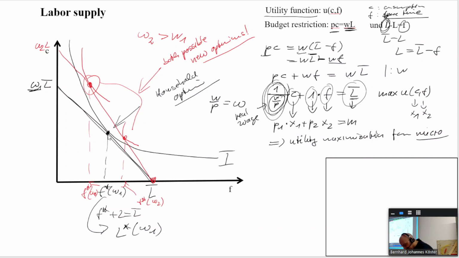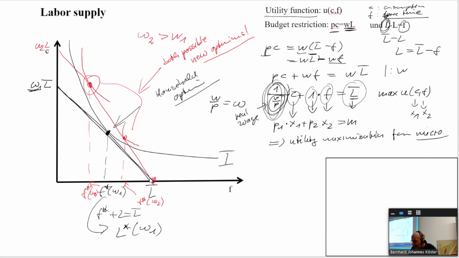Well, and then you have somewhere your optimum split between spare time and working time. And if now the prices are changing, so if now real wage is changing, then your budget line is changing.